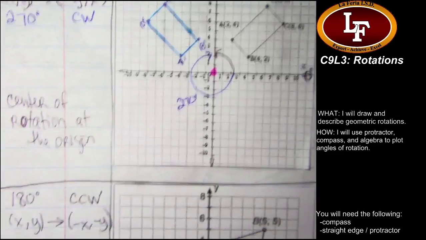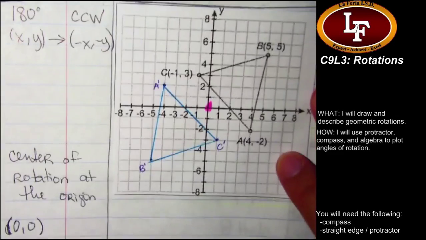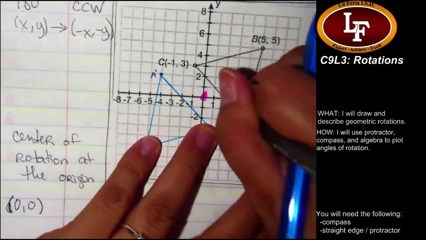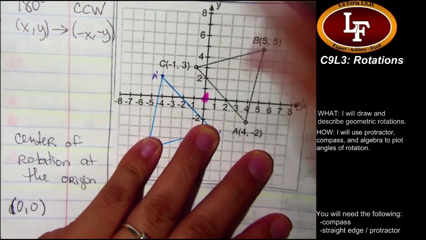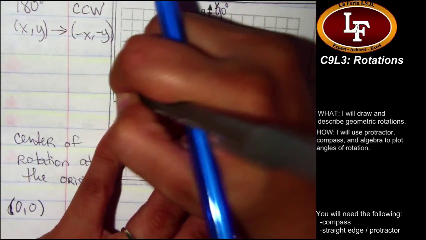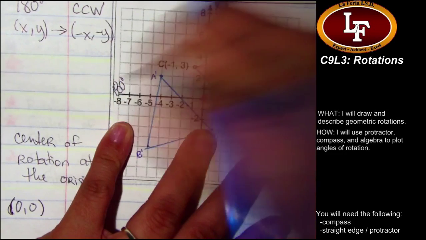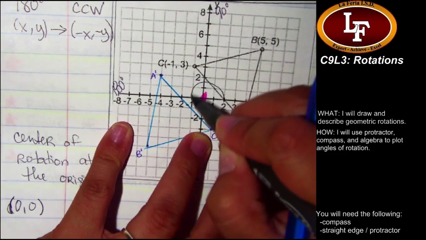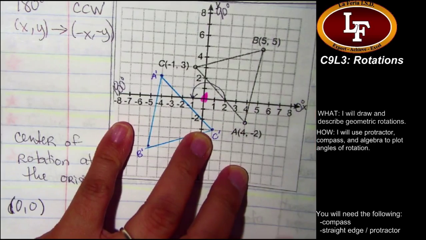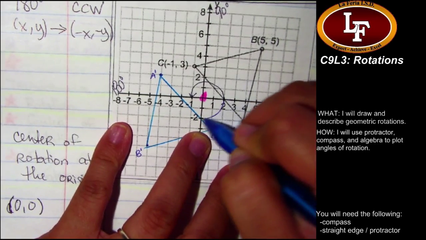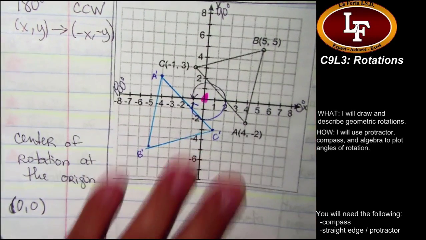Let's look at the 180 rotation. So 180 counterclockwise is going to start here at the 0. We said this was 90. So this over here was 180. So 180 counterclockwise is this. Start the same spot but go clockwise. How far do you have to go to get to the same spot?